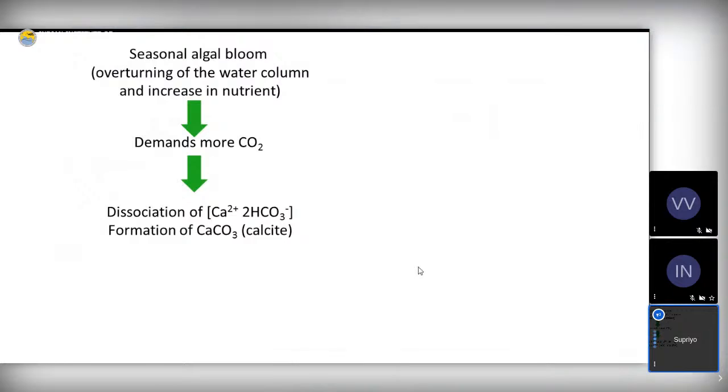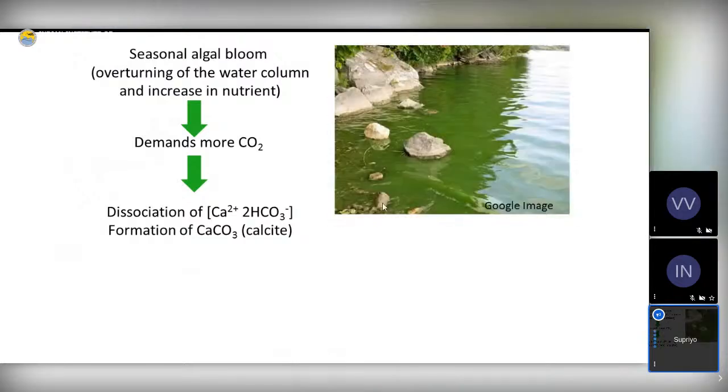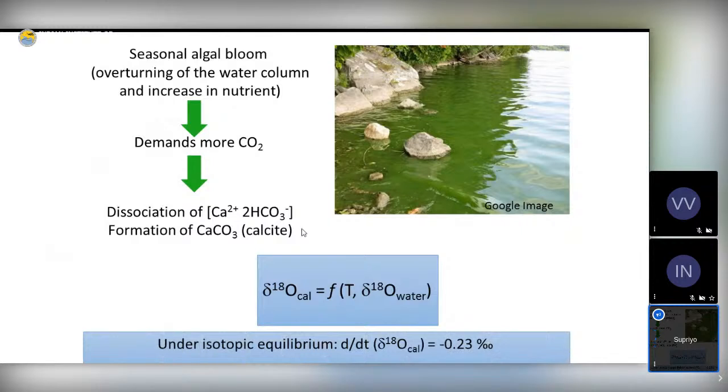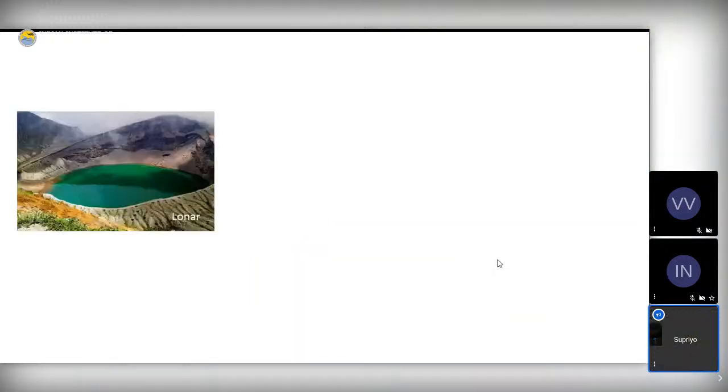This figure shows how during an algal bloom, CO2 is derived from the atmosphere, and then through some chemical processes, the calcium carbonate, that is authigenic carbonates, are formed. And as I mentioned earlier, this is again a function of temperature and the delta 18O of water.